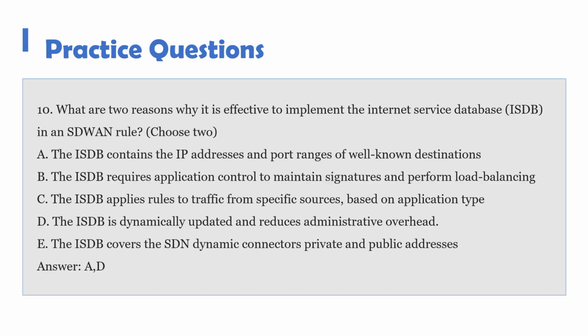C. The ISDB applies rules to traffic from specific sources, based on application type. D. The ISDB is dynamically updated and reduces administrative overhead. E. The ISDB covers the SDN dynamic connector's private and public addresses.